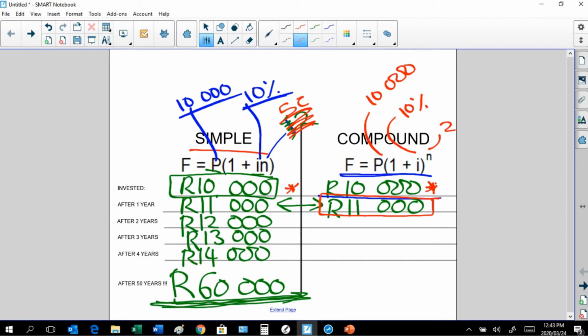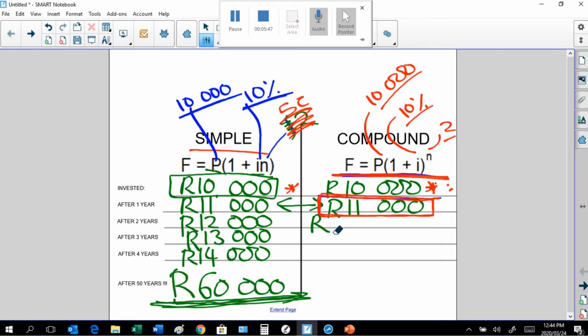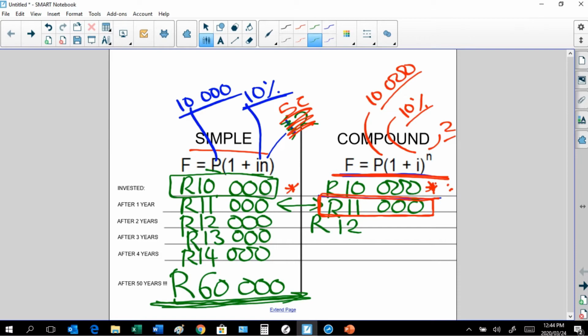Just remember that this formula is designed to take into account the fact that the 10% interest was calculated on this 11,000, not the 10,000 as in simple interest. Put these values into the formula, and what do you get after year 2? You will get 12,100, a little bit more than the simple interest equivalent.